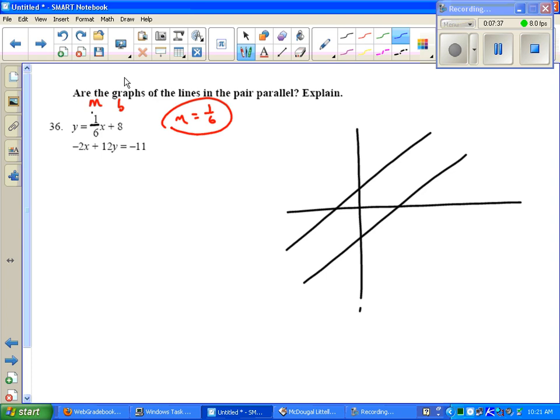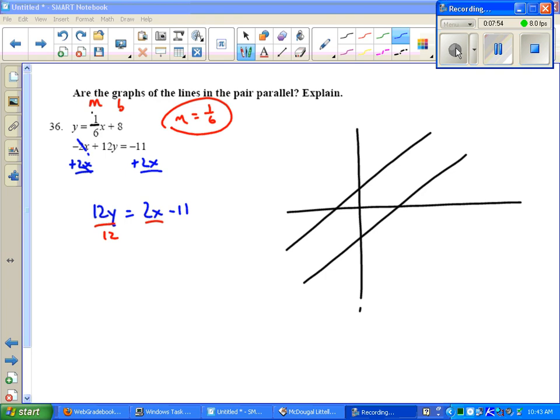The way we do that, we want to move it into slope-intercept form. So add 2x. You add it to the left, add 2x to the right. It's going to cancel out and leave us with 12y equals 2x minus 11. Get rid of 12 times something by dividing. So we divide by 12 on the left.